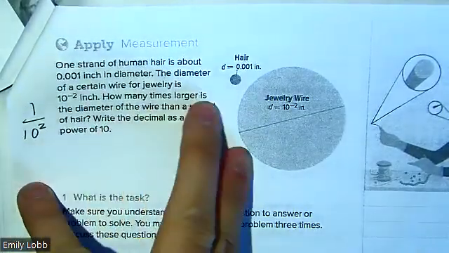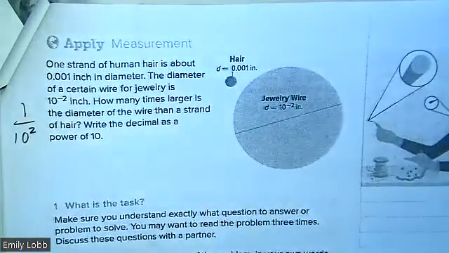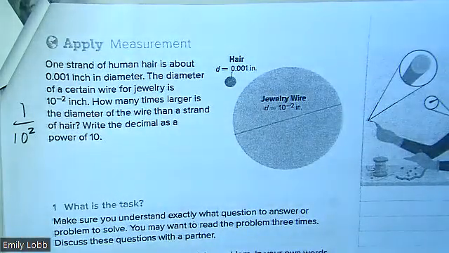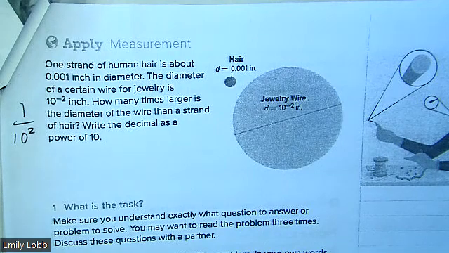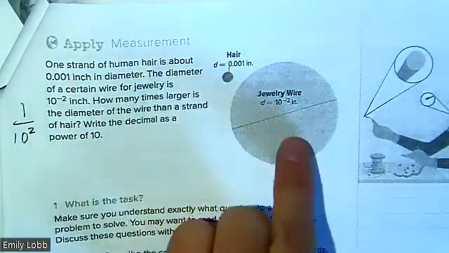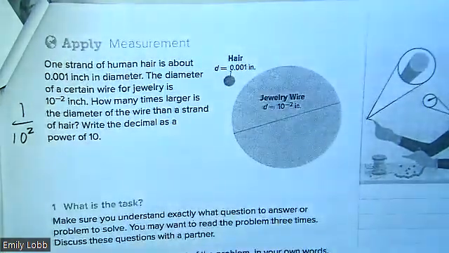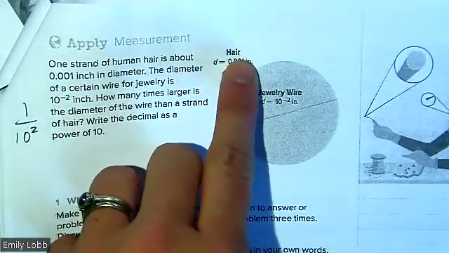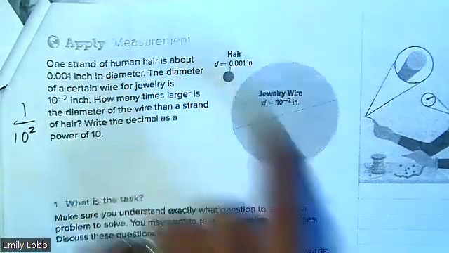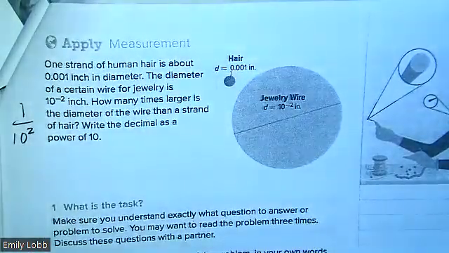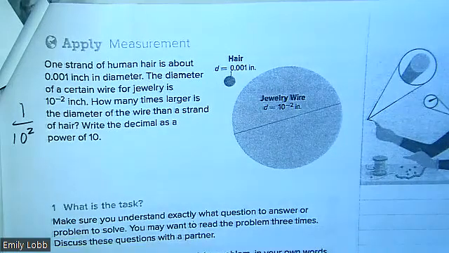How many times larger is the diameter of the wire than a strand of hair? So this is the hair, this is the wire. Well, how could we write 1,000 as an exponent of 10?